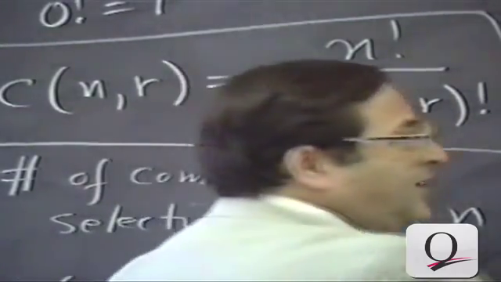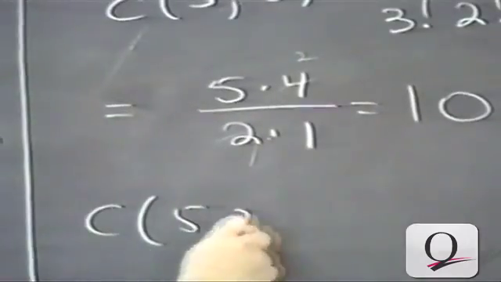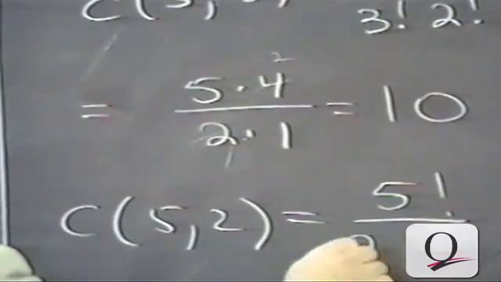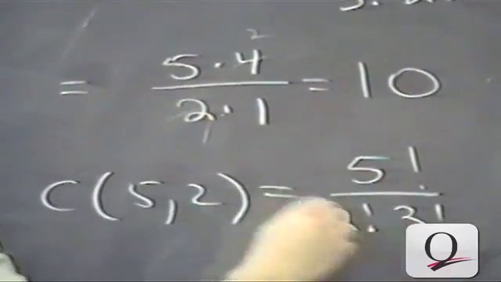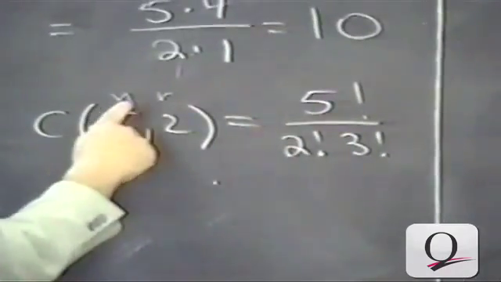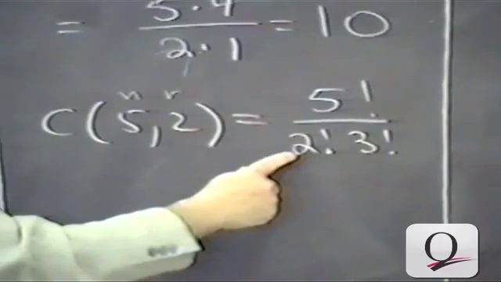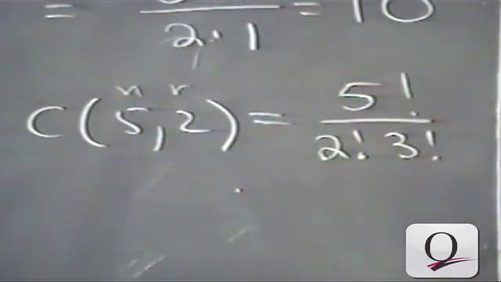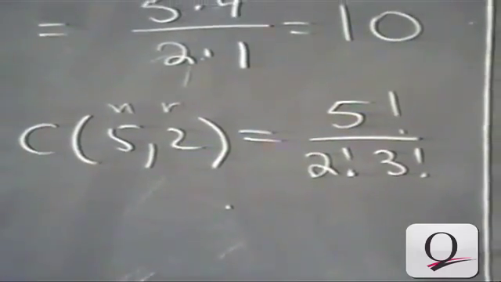In fact, C(5,2): here n is 5, r is 2, so the factorial is 2 factorial. And now n minus r is 3 factorial, so you get the identical thing.